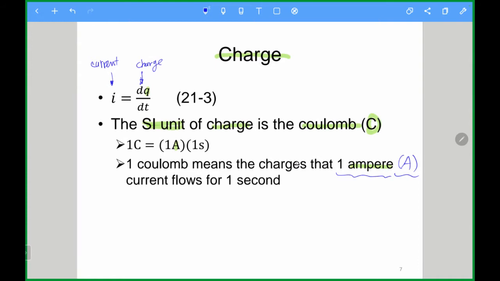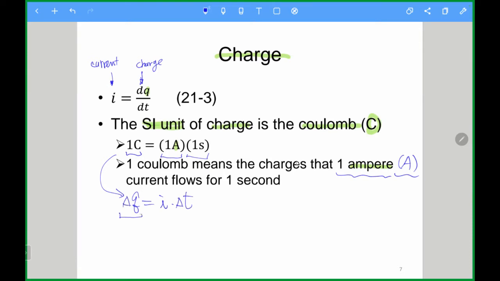So you can just plug in the SI units: 1 Coulomb is 1 A times 1 s, or you can regard it as Q equals I times t, or rather delta Q equals I times delta t.